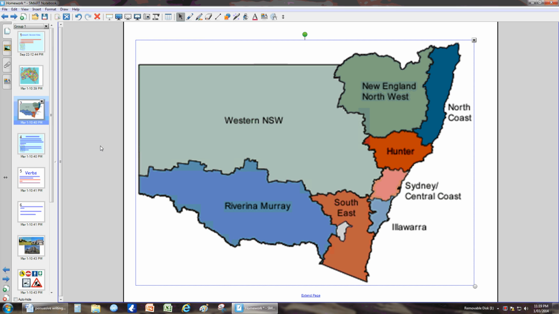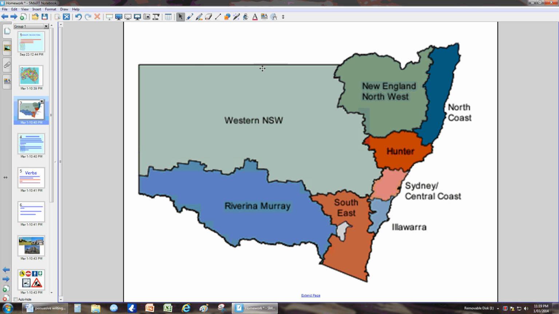We also learned that instead of settling, they liked to move around from place to place, and they also did something called backburning, which would burn things down so it can regrow.